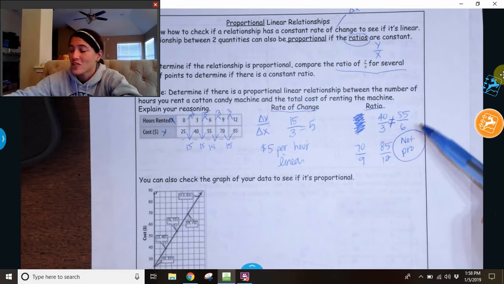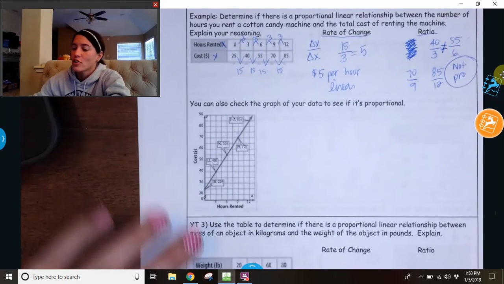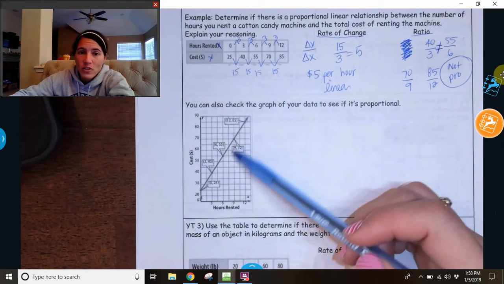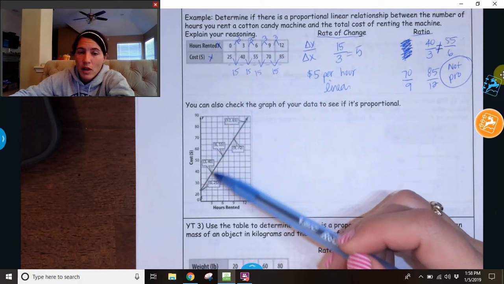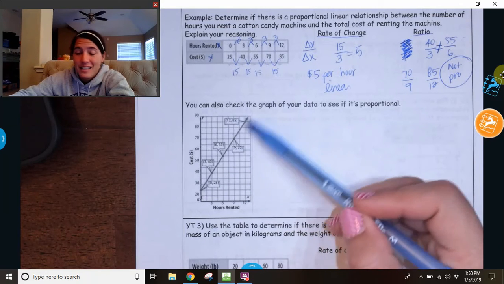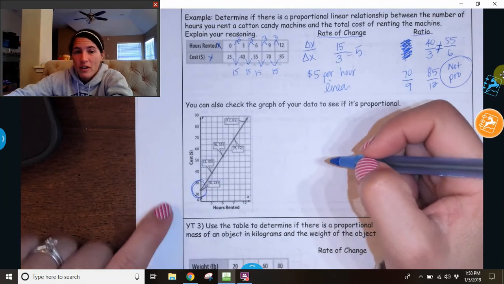Okay, so your ratios have to be equal and you have to have a constant rate of change. You can also check the graph to see if it's proportional. So we have a graph of the information, the cost of the cotton candy machine, and you can see the points plotted just up here, 0.25, 3.40. It is linear, just like we determined. But, do you see that right there?